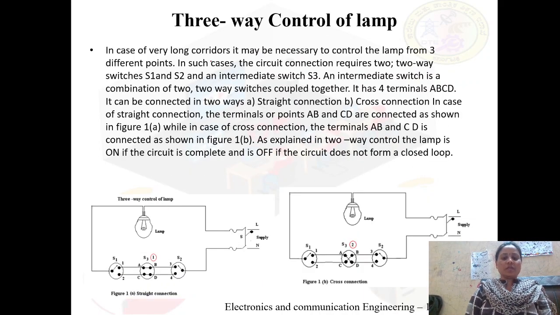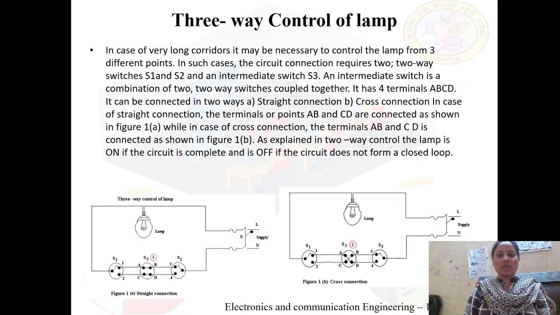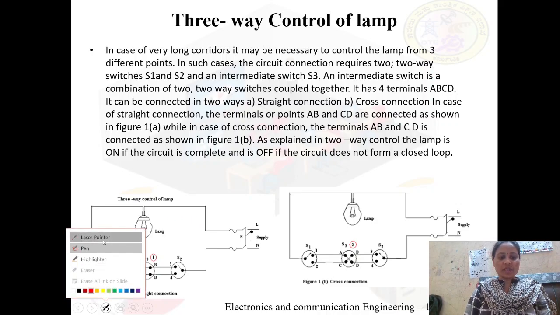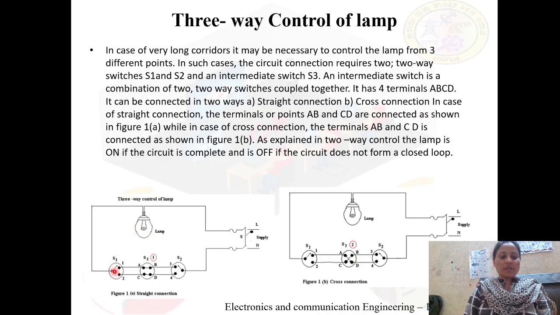Now we'll consider the other type, that is the three-way control of lamp. This is what the arrangement for the three-way control of lamp looks like. Here we have used three switches, S1, S3 and S2. S3 we call an intermediate switch.